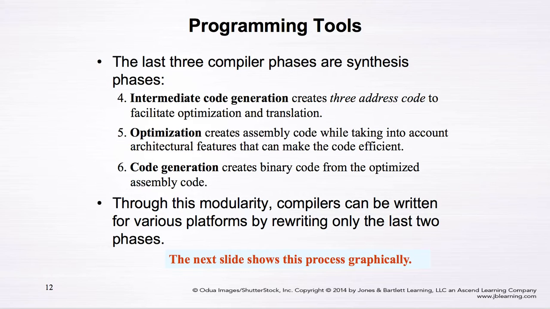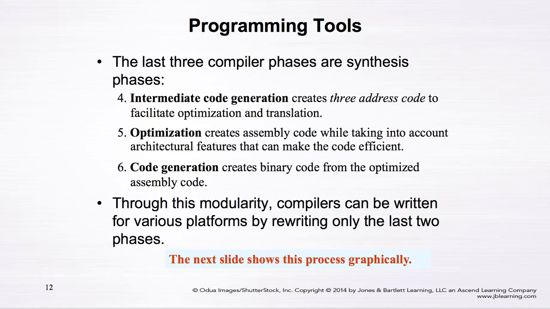The last three compiler phases are the synthesis phases. The fourth one is intermediate code generation. Basically, the system creates three-address code to facilitate the optimization and translation of the code. The fifth one is optimization. This phase creates the assembly code while taking into account the architectural features of the system and organizes the code so that it is more efficient.